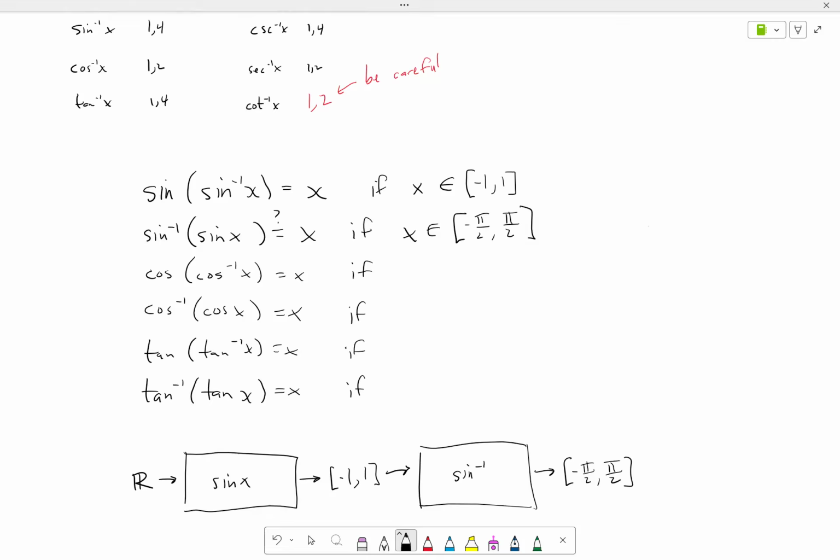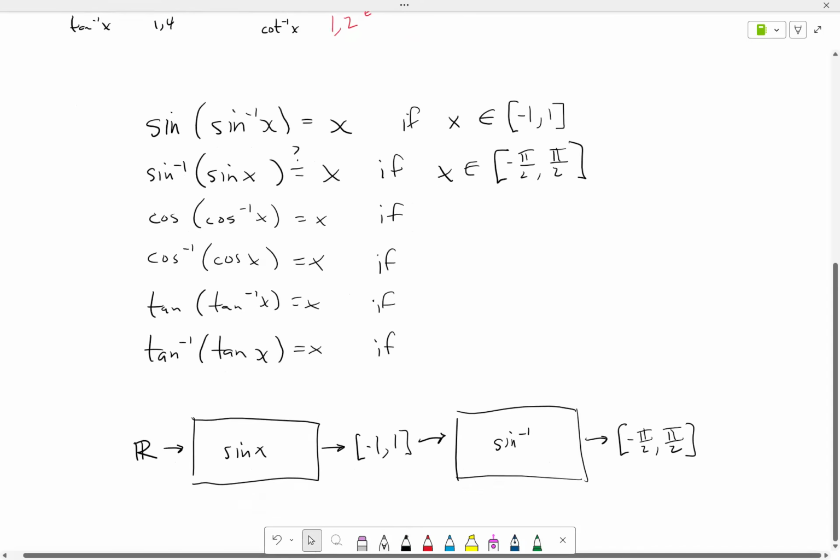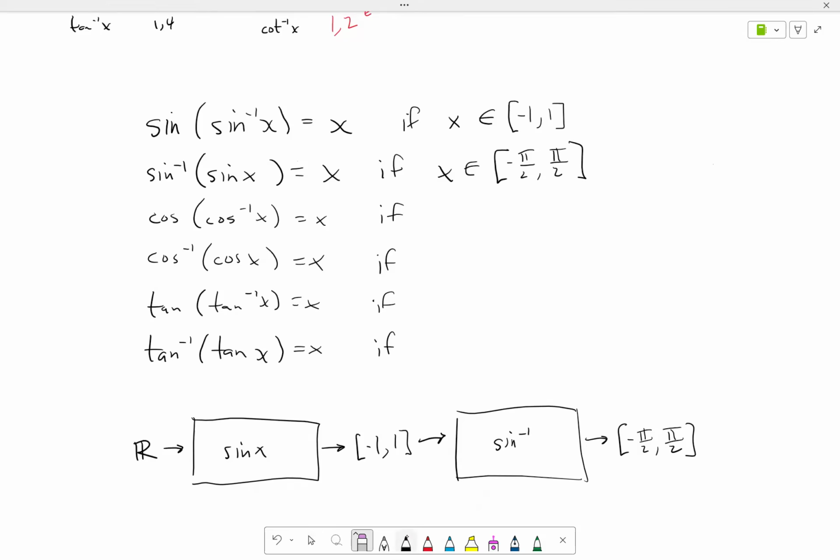Oh, yeah. Wait, like negatives for the domain. We're going to start discussing. Oh, I get it.